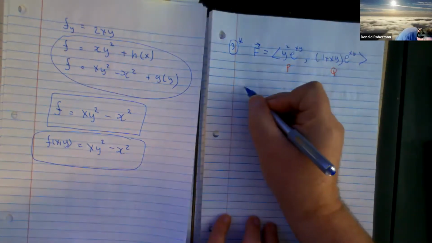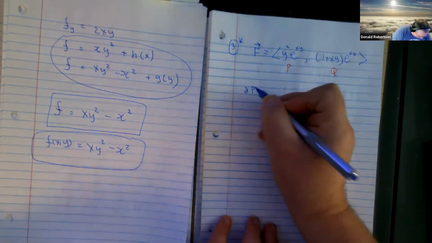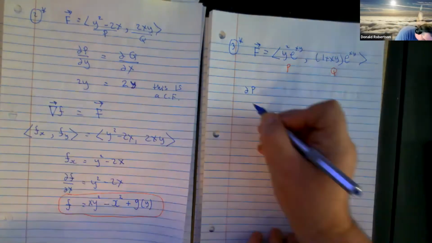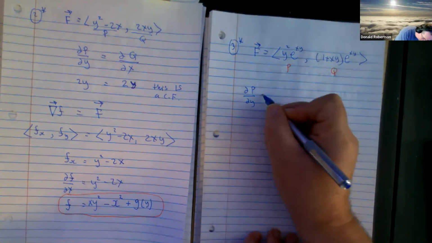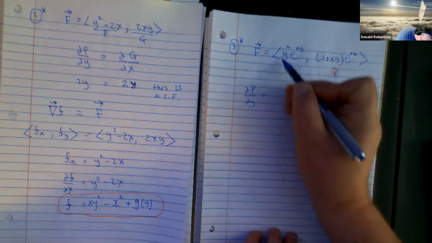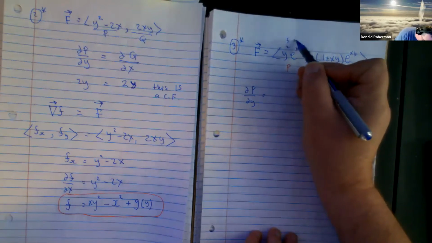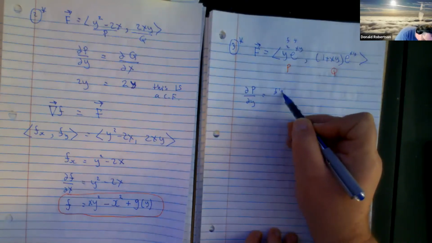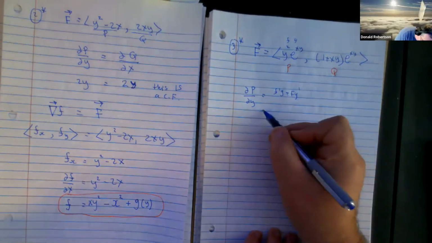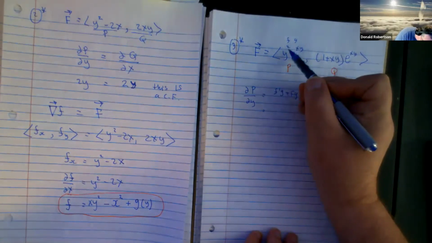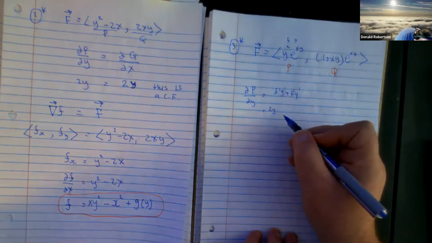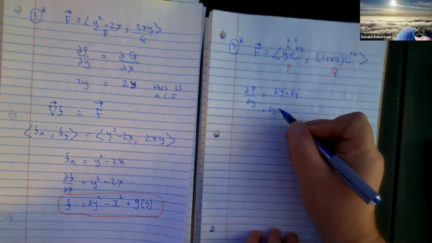I'm going to find the derivative of P with respect to y first. If you differentiate this guy with respect to y, you're going to have to do a product rule. So it's going to be f dash g plus f g dash. If you differentiate this guy, you get 2y, and leave that guy alone, you're going to get that.